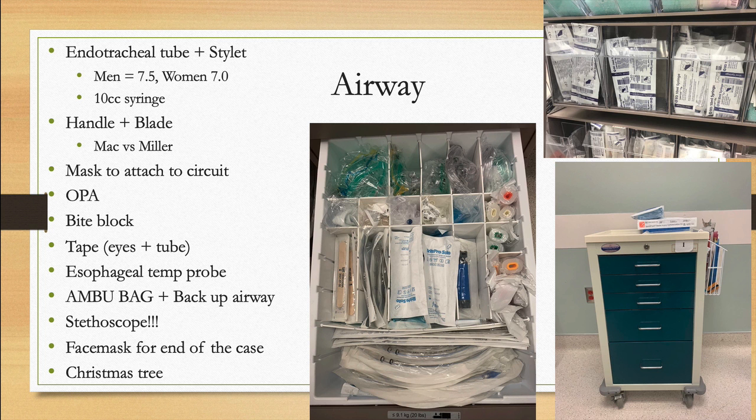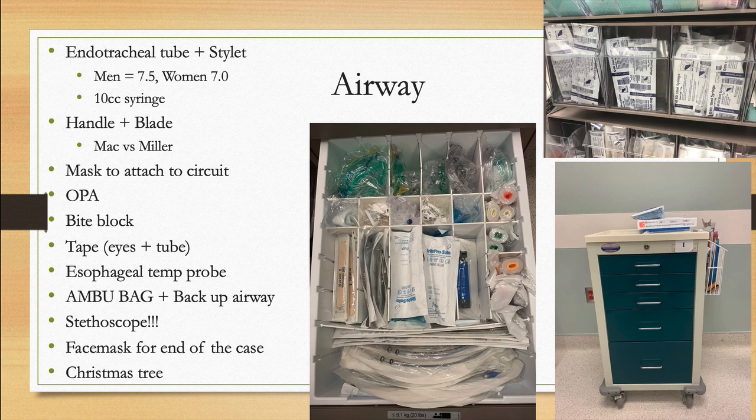All right, the next letter in MSMAIDS stands for Airway. There's a variety of things that you need to have, at least to keep in mind when it comes to the airway. And it's not just as simple in my mind as an endotracheal tube. To start, you need an endotracheal tube if you're providing a general anesthetic with an ET tube, along with a stylet.